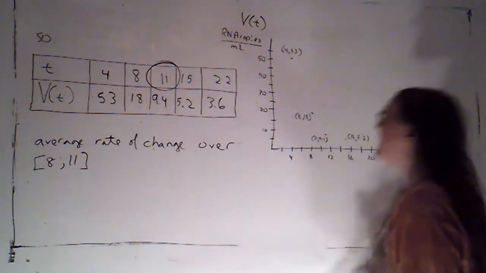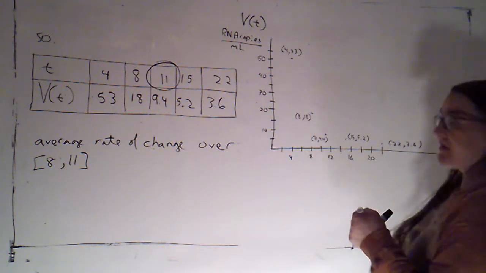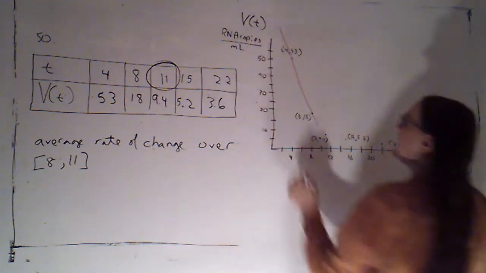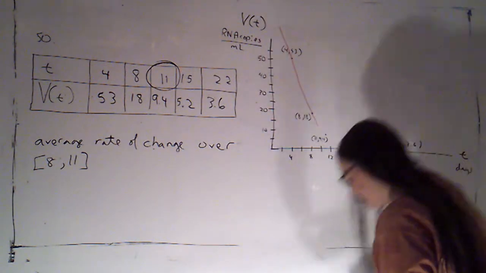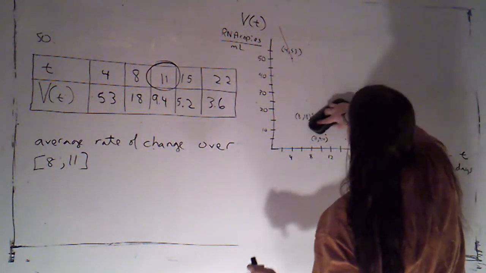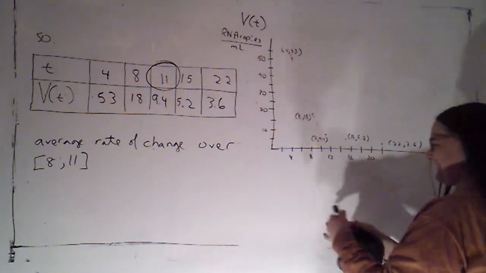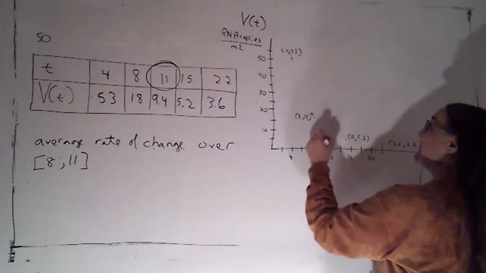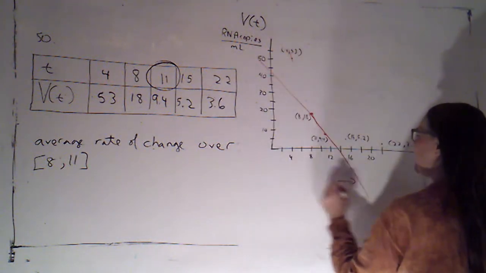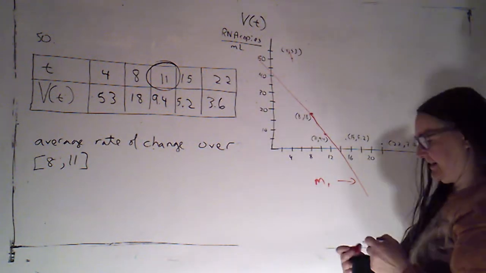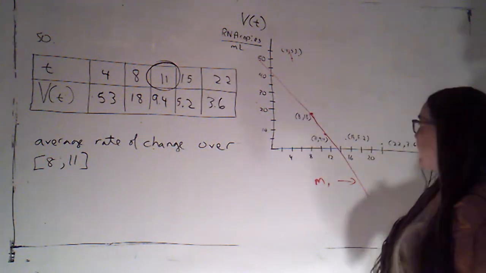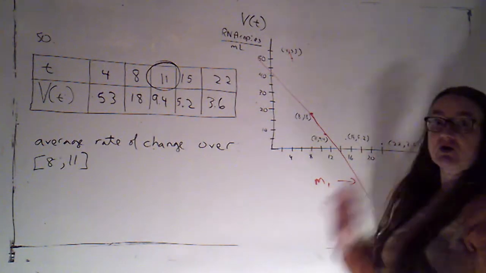Now, I know that an average rate of change is just the slope of a secant line. So I'm basically drawing in the secant line connecting these 2 points. And I'm just going to call this M1 because we're going to be calculating several slopes. That's going to be the rate of change over that time interval from 8 to 11.